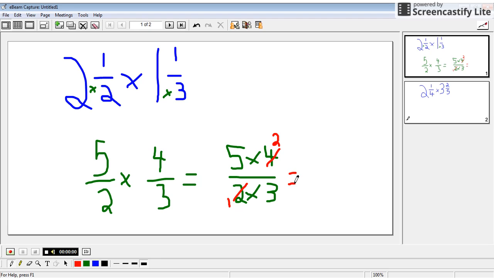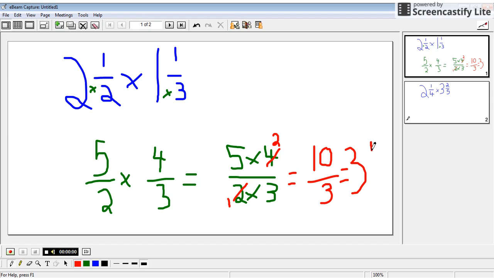So let's multiply. 5 times 2 is 10. And 3 times 1 is 3. So my answer is 10/3. Or if I want to change that back to a mixed number, how many times does 3 go into 10 without going over? It goes in 3 times. What am I left with?